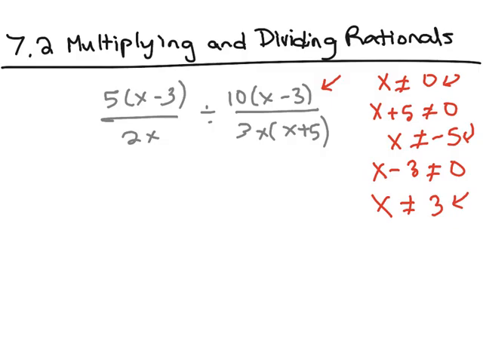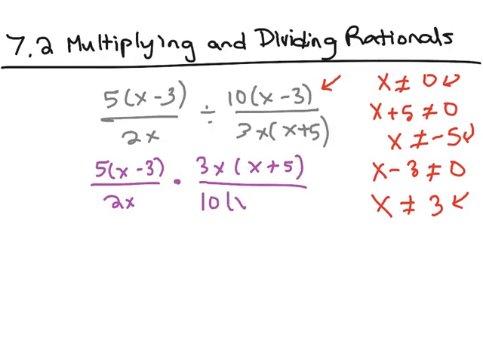Now we are going to flip. So we have (5x minus 3) over 2x times 3x(x plus 5) over 10(x minus 3). Now we check for things we can cancel. We can take out an x minus 3, and we can take out an x.